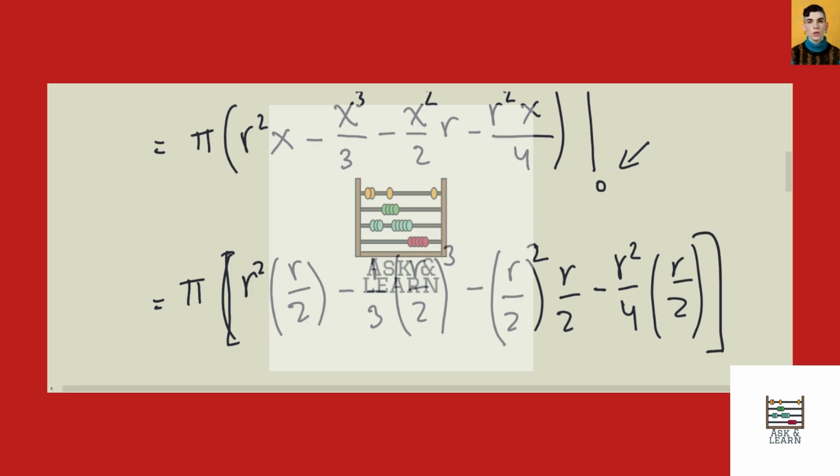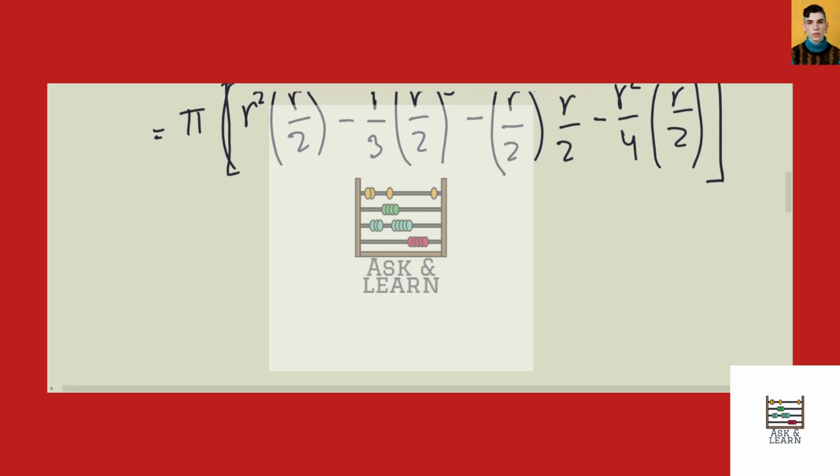With all of this, summing everything, we obtain that the volume B plus is 5 pi r cubed over 24.